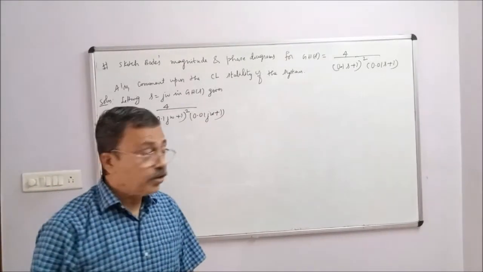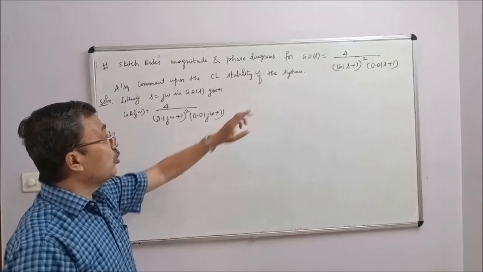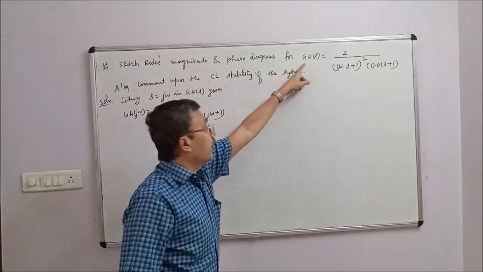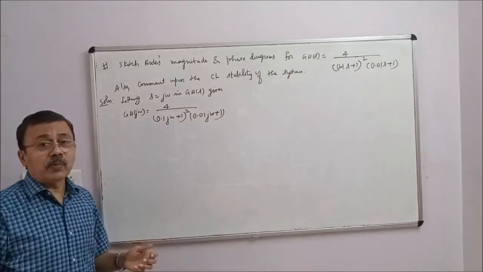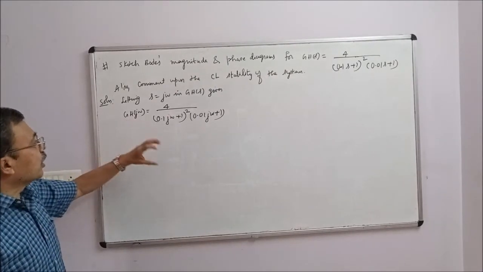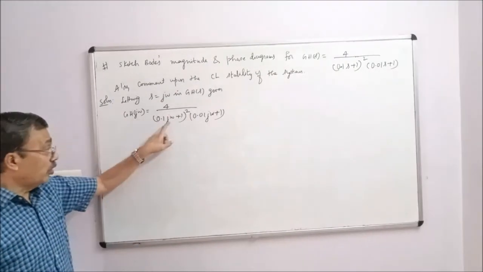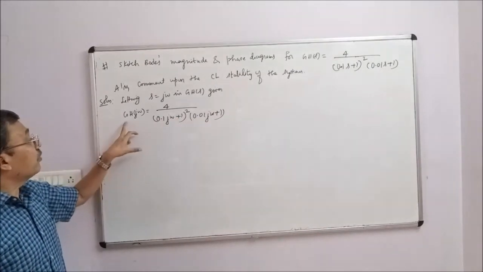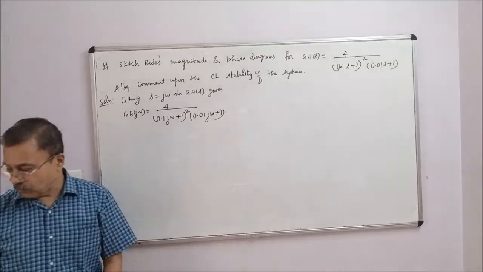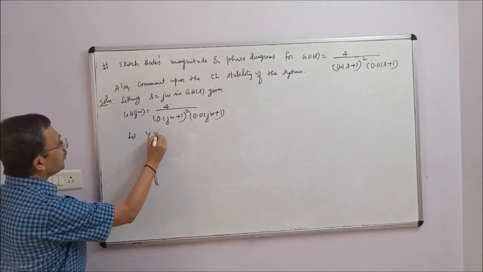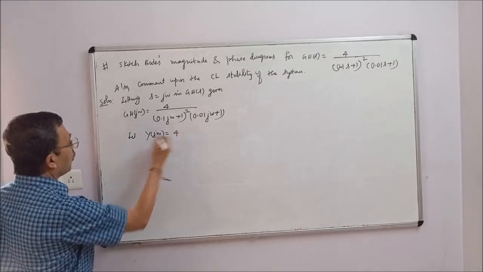So the first step is to put S equal to j omega. That is, the open loop transfer function is converted into open loop frequency response by letting S equal to j omega. Remove the 1 plus something factors. Both these factors have got 1 plus something. Remove them. What remains in GH of j omega will be called Y. Let Y of j omega be equal to 4.